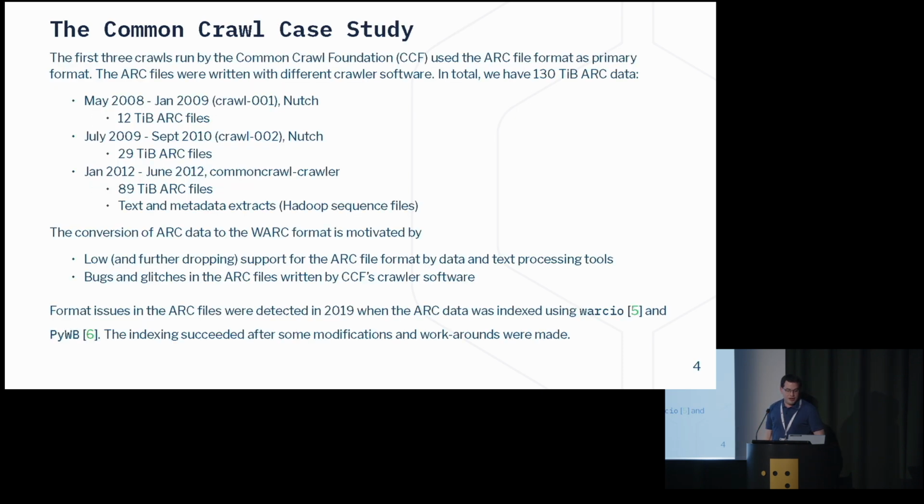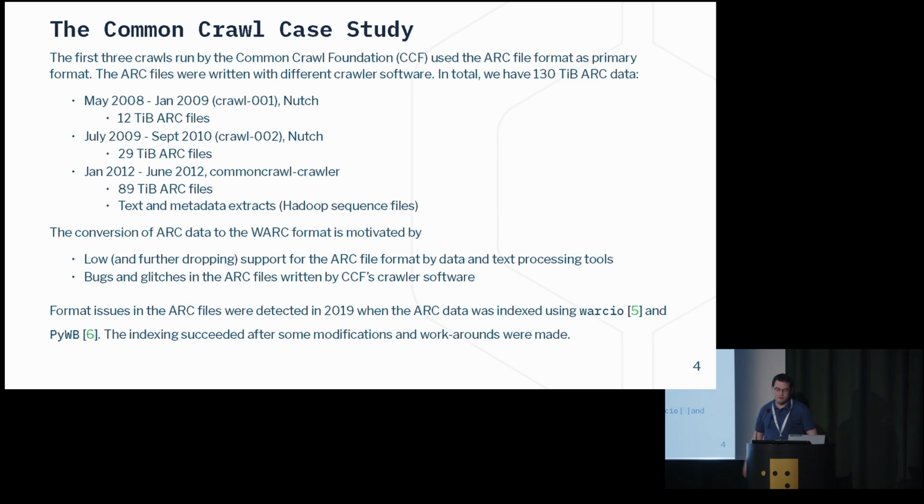So why do we want to do this? Well, it's because the first three crawls from Common Crawl were in ARC format, and you can see some details about them there. The main reason we want to convert them is that today we have very low support for the ARC file format, even though the header is just one line.